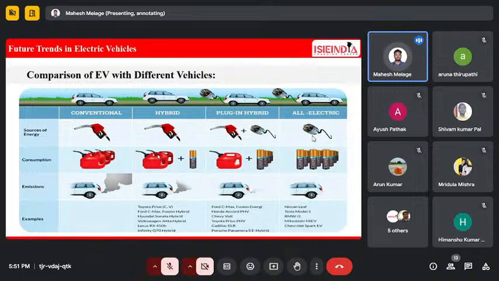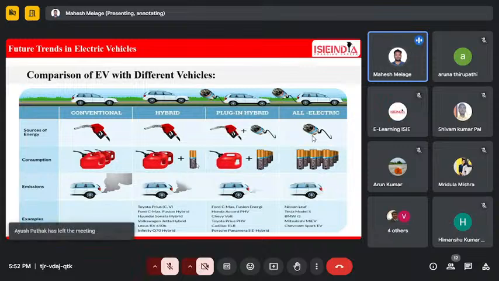The IC engine runs two things, the vehicle and the battery, meaning the IC engine is also coupled to a generator. It converts mechanical energy into electrical energy, and this electrical energy is used to charge the battery. So in a hybrid electric vehicle, a separate charger is not used. The battery is charged through the IC engine.